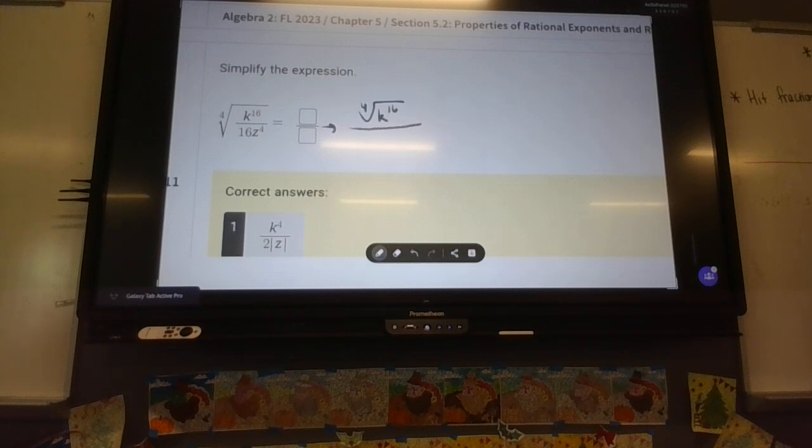When you have multiple variables, try to work on them each individually. So the top is the 4th root of k to the 16th. The bottom is the 4th root of 16 times the 4th root of z to the 4th. So when the exponent is higher than the index, one way is just to convert it to that rational exponent. So this is k to the 16 over 4, over the 4th root of 16, which is 2.